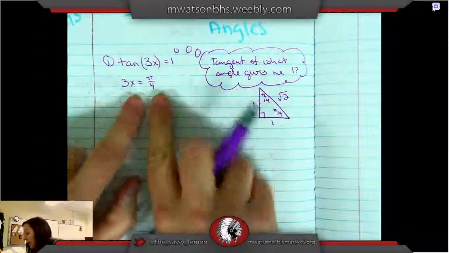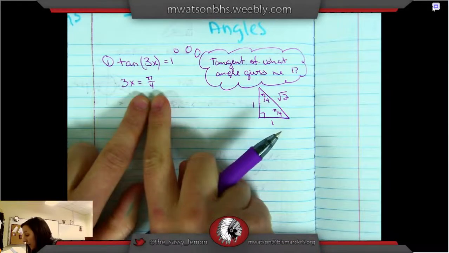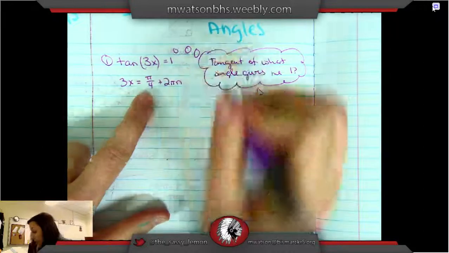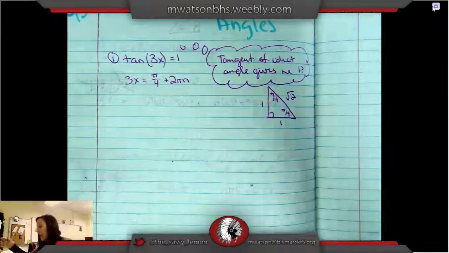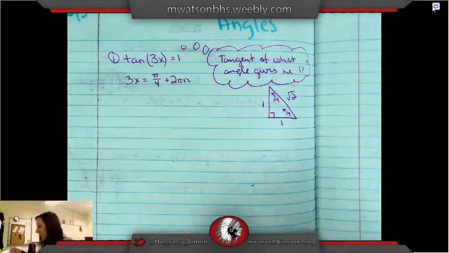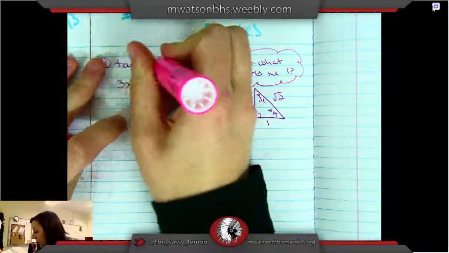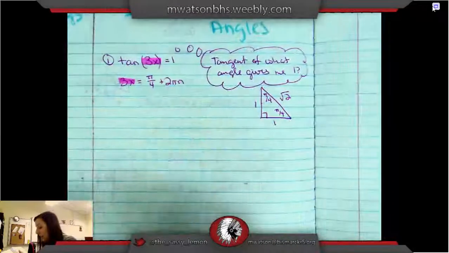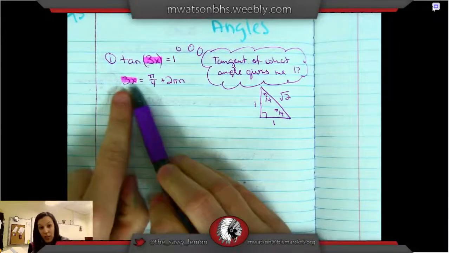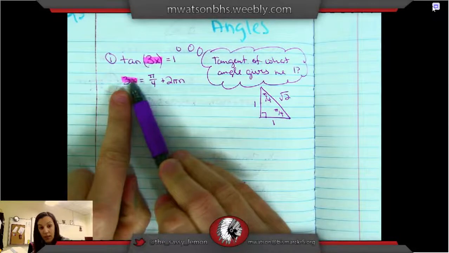But another thing that we need to take note of here is that we do need to add 2 pi n on the end so that we can get all possible solutions. So I'm going to highlight a couple of things here. First of all, we have to take our angle and set it equal to the angle that makes it true. So the whole thing, set it equal.